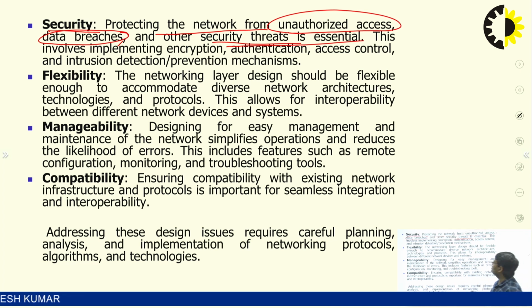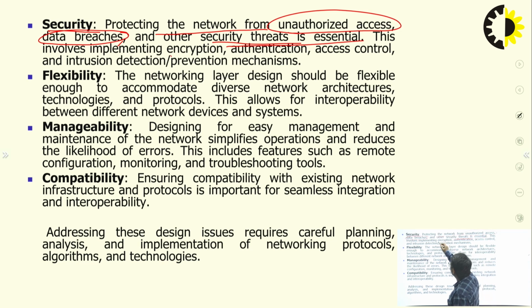Now to implement this, we have to use some kind of encryption, that is encryption decryption schemes. We have to use the authentication process and access control. That means only limited and authorized users can be given access to the network.